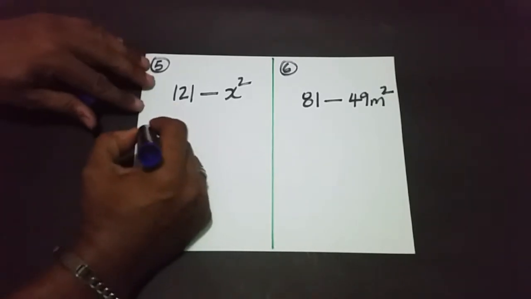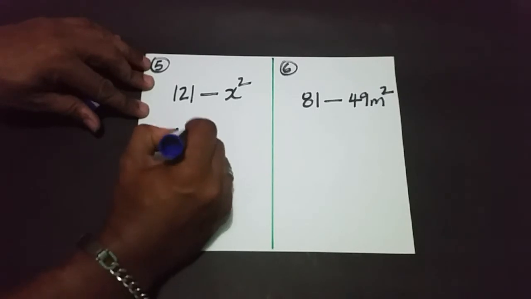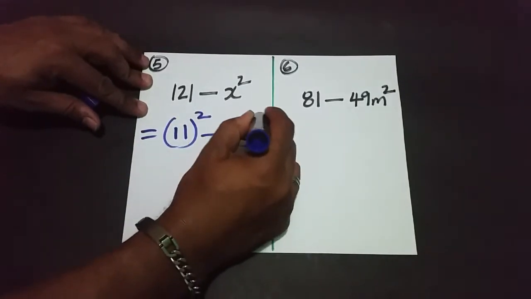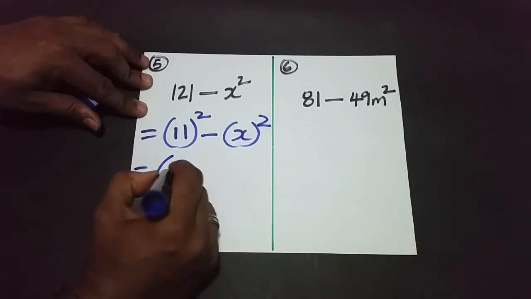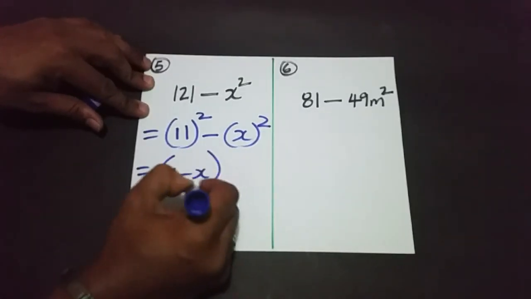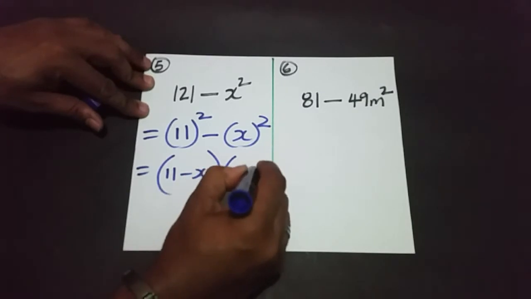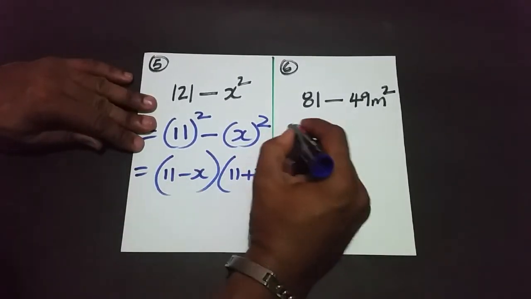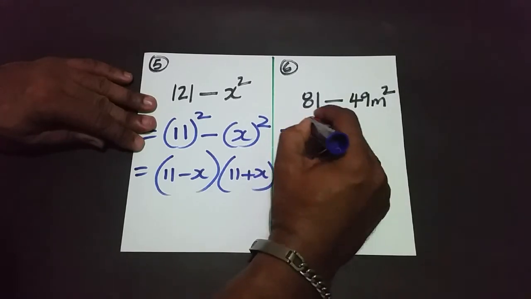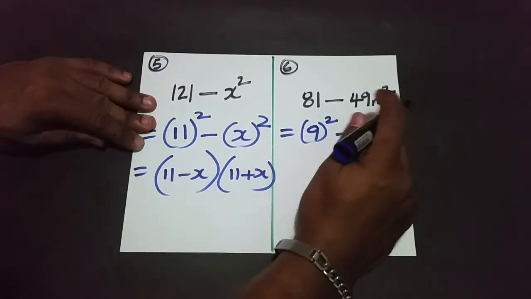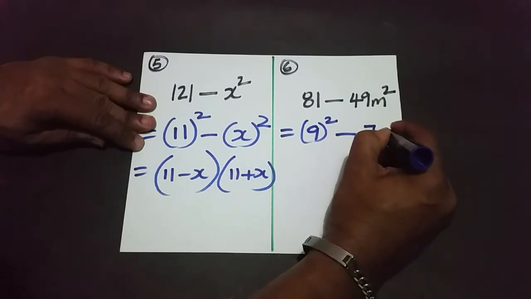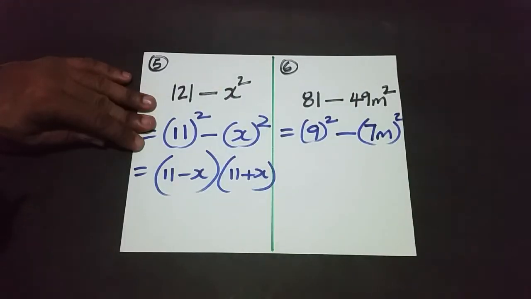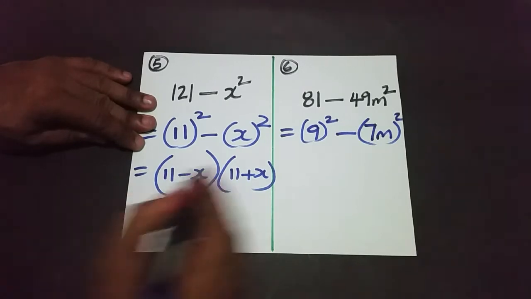So again, 121 is the same as 11 all squared minus x all squared. So in one bracket we have 11 minus x, and in the other bracket 11 plus x. Here, very simple, 81 is 9 all squared, and 49m squared is the same as 7m all squared, because 7m times 7m is 49m squared.